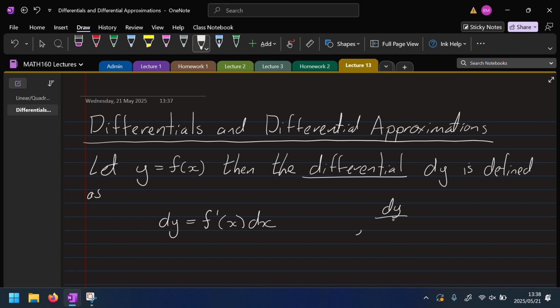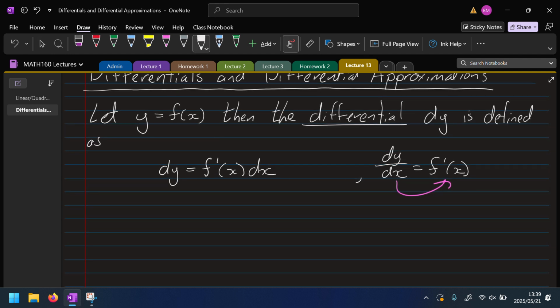Remember dy by dx is f prime, and we just take the dx over. It's a very small rewriting. This dy and this dx, we call those differentials. So dy, dx, dz, anything like that is called a differential. What's the point of them?